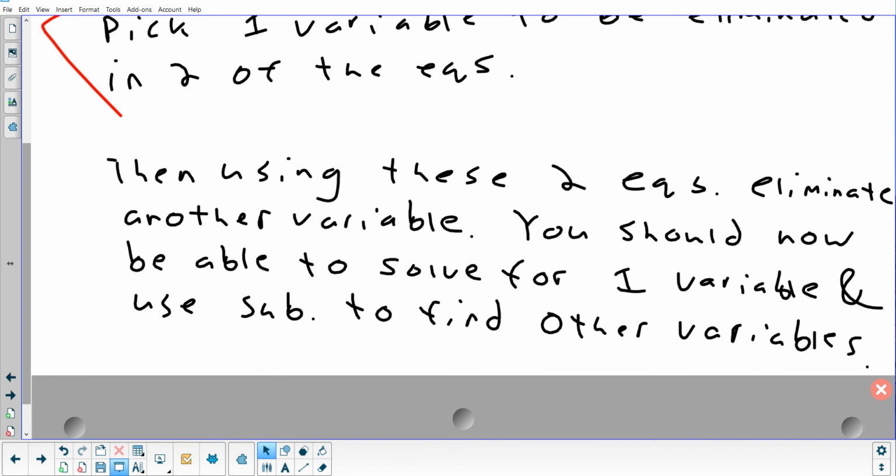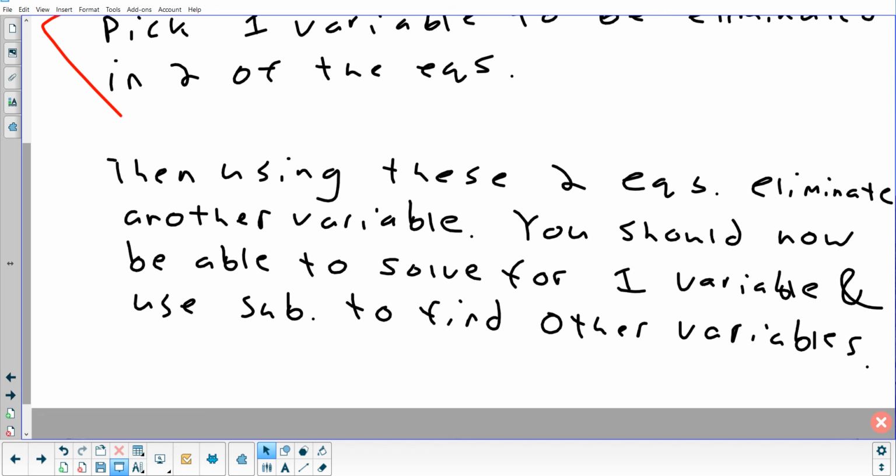Once you eliminate the variable again, you're going to be down to a single equation with a single variable, and then you're going to solve for it. Then you're going to use substitution and work backwards to get all your other variables. It's still a little confusing maybe when I explain it, but I think when you see it, it'll make more sense.